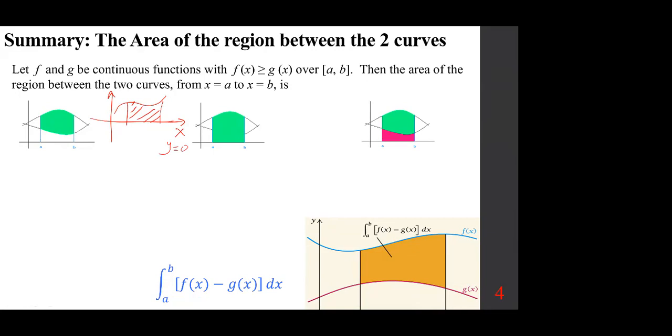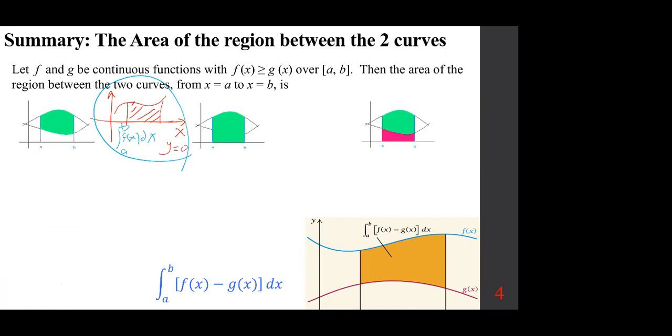Conceptually, it stays absolutely the same. Remember, if this function was a positive function, what was the answer? Well, the integral of f of x dx from a to b. Everybody remembers that, right? So why is that?